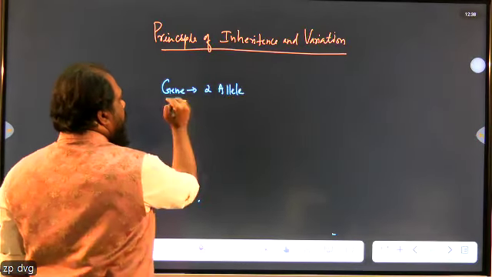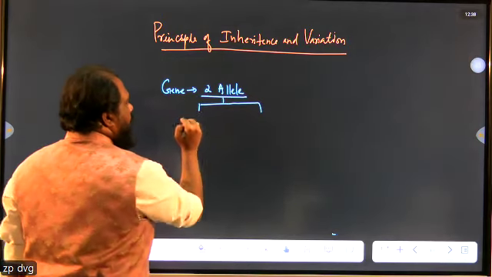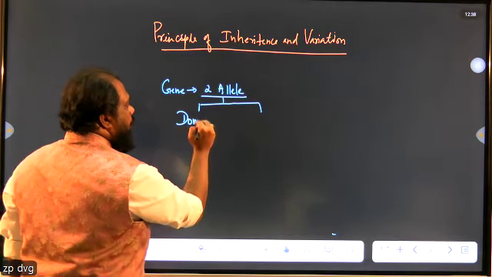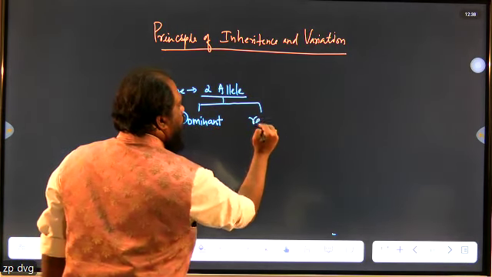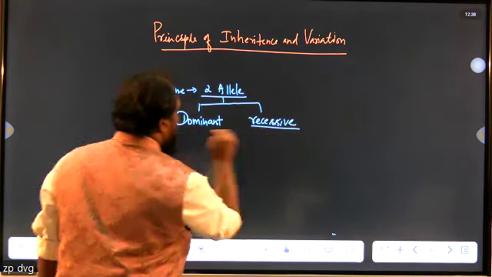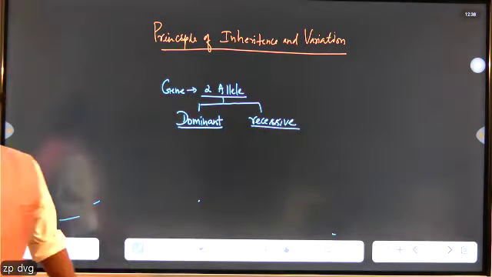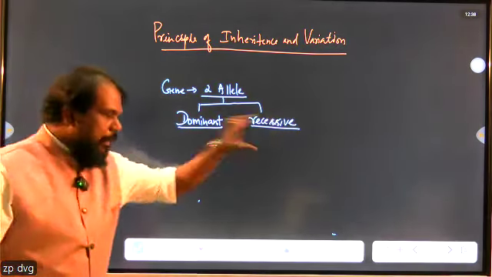We'll see that later. Every gene will have two alleles. Most of the time, it may be a dominant allele, or we can use the word recessive allele. Understood now? So there are two alleles. One is called dominant allele. The other one is called recessive allele.